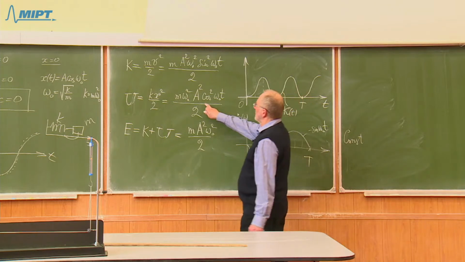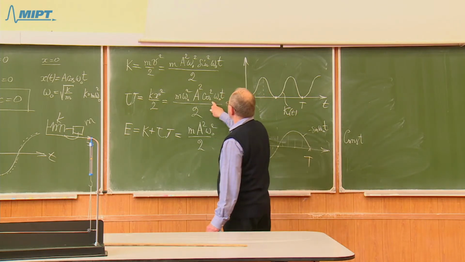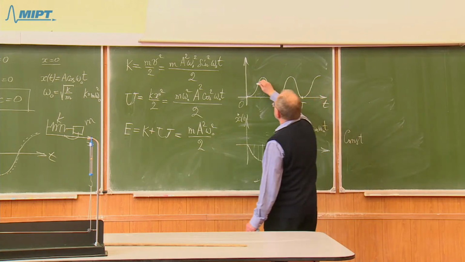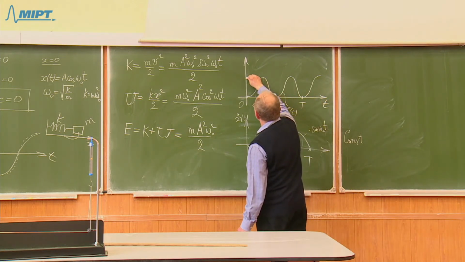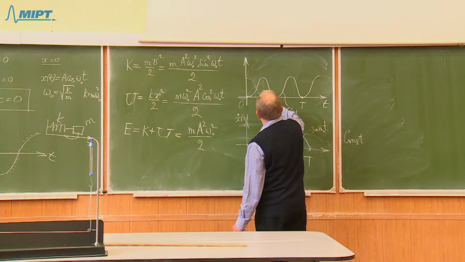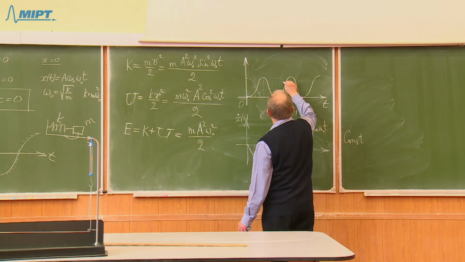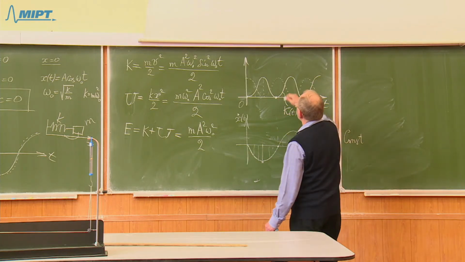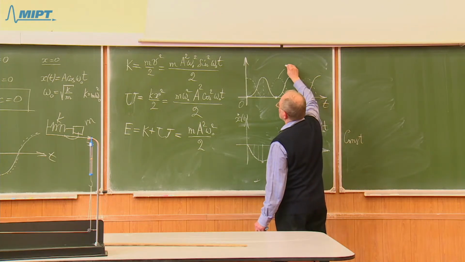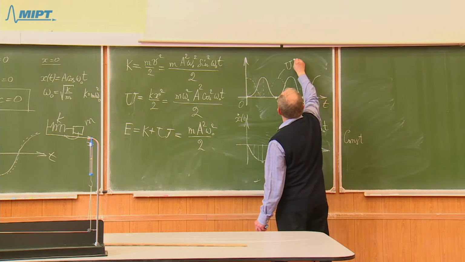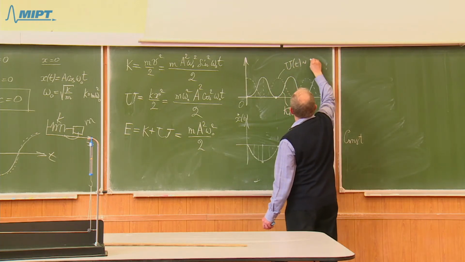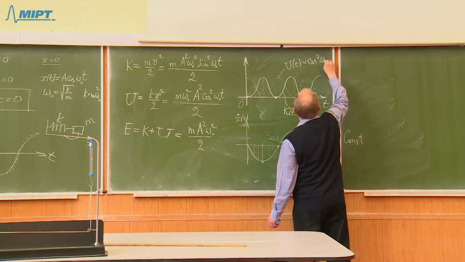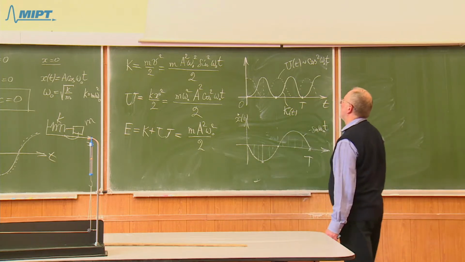What is the potential energy as a function of time? It's proportional to cosine squared. And if you consider cosine squared, that will be this function, etc. So this is cosine squared, and this is potential energy as a function of time, which is proportional to cosine squared omega 0 t.